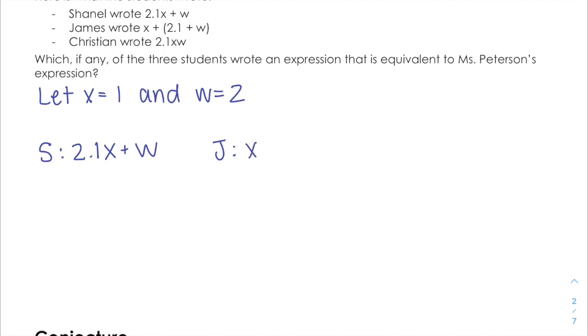We have James, who says x plus the sum of 2.1 and w. And we have Christian, who's saying 2.1 times x times w. Not that it matters, right? Because of the commutative property. So let's go ahead and plug in our variables and solve.